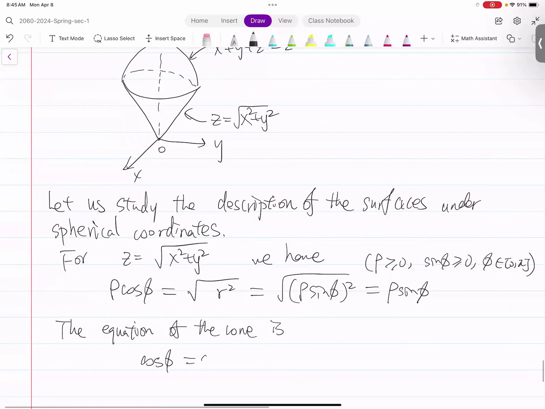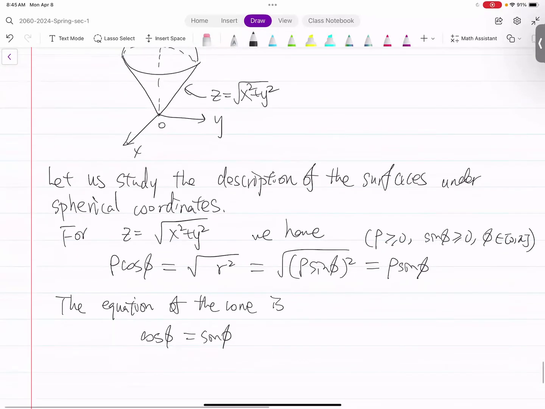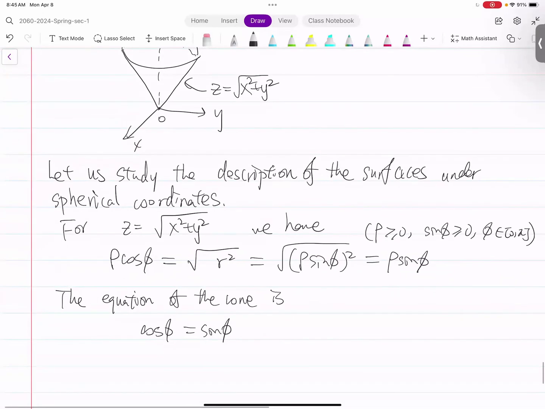And actually, within the interval from 0 to pi, there's only one angle that has this property.